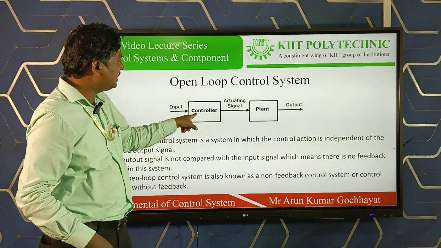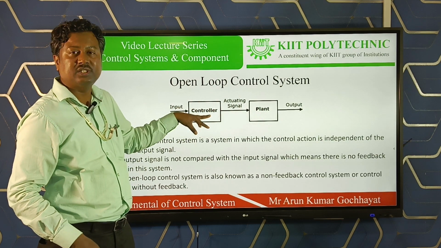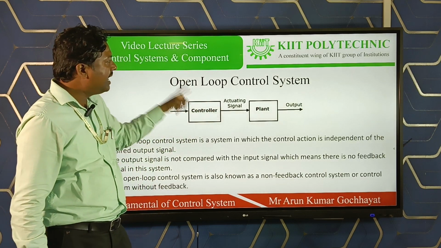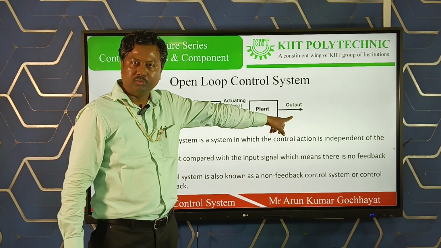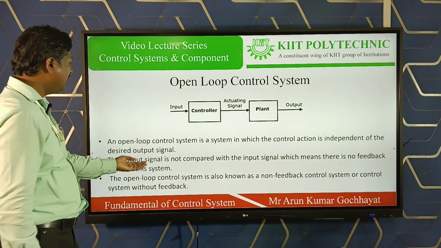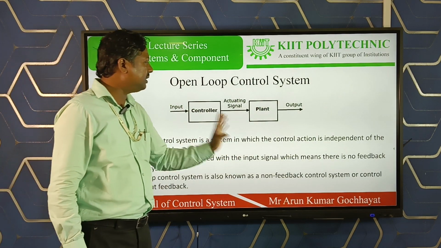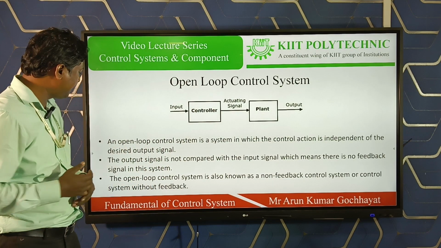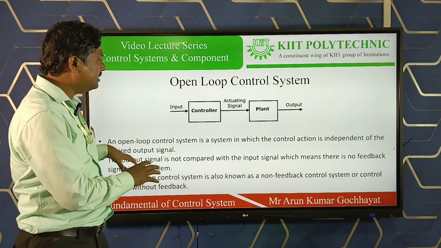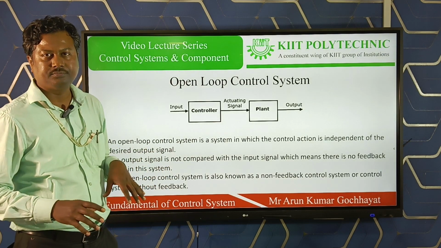But the controller only converts the signal. It never processes the signal to get a desired output. The output signal is not compared with the input signal, which means there is no feedback signal in this system. That's why it is called a non-feedback control system.